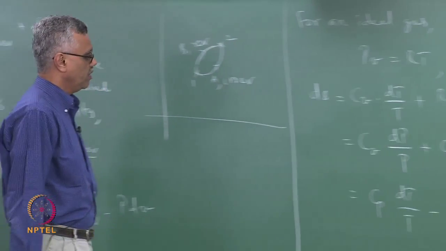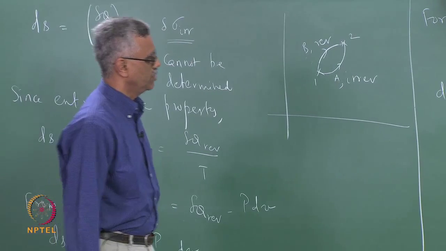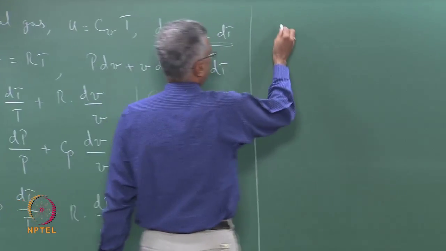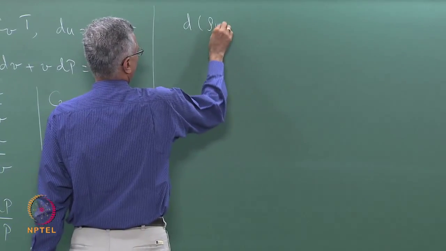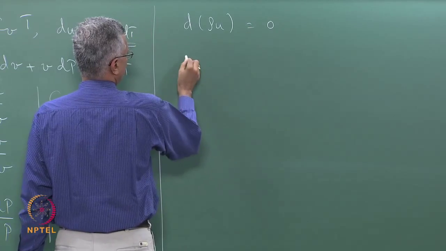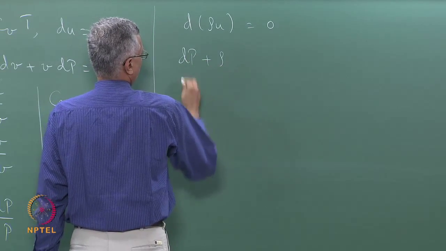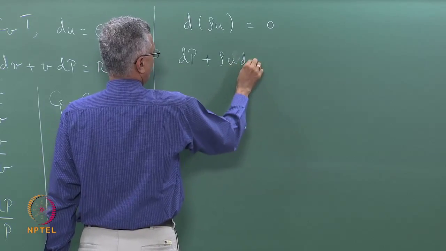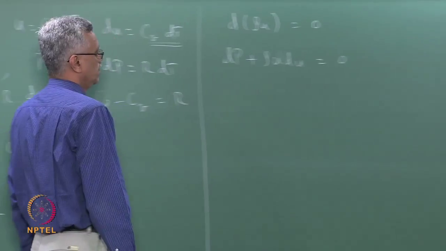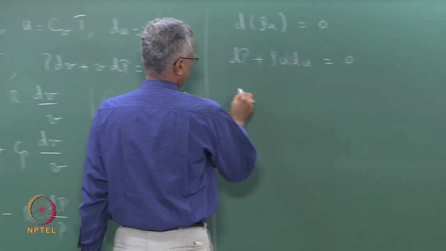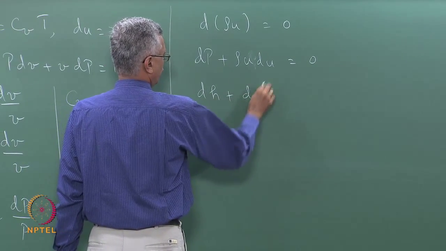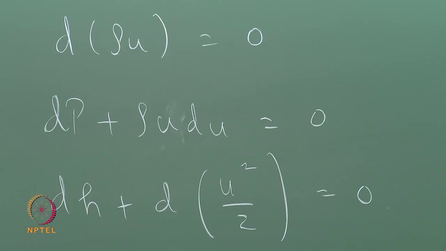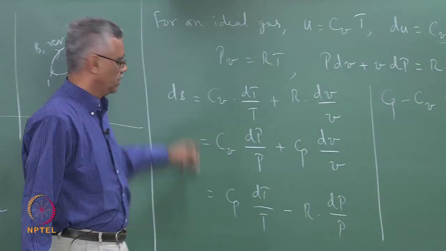So, if I summarize the governing equations that we have written down, let us just rewrite them. We said d of rho u equal to 0 was the continuity equation, dP plus rho u du equal to 0 was the momentum equation, and dH plus d of u square over 2 was the energy equation, and the entropy change is governed by this equation.